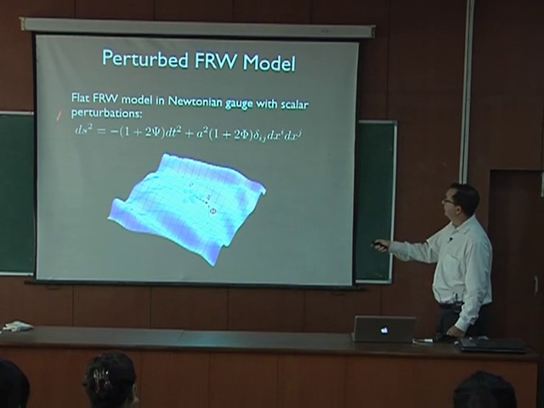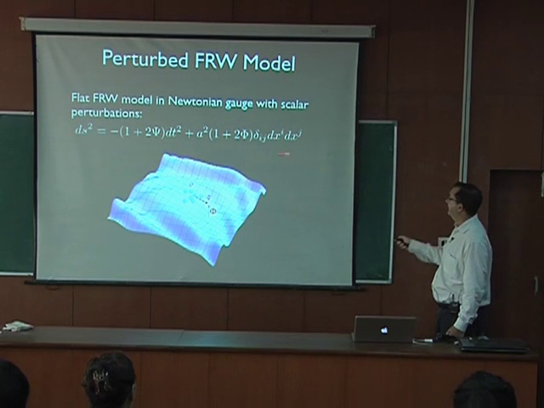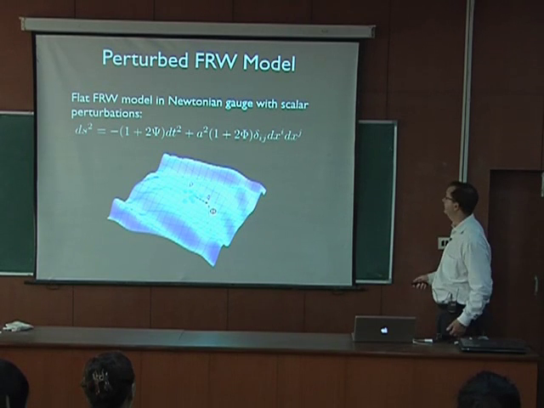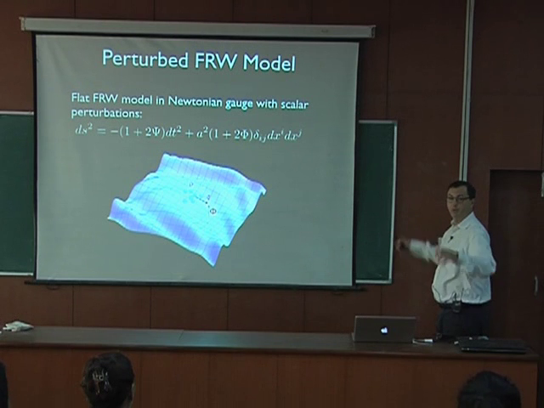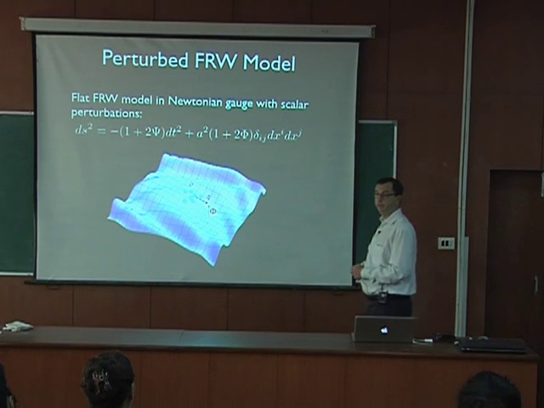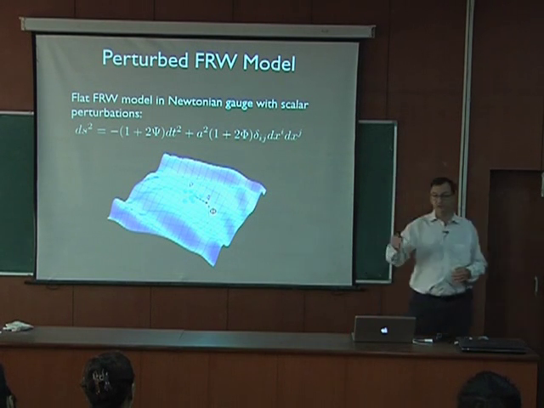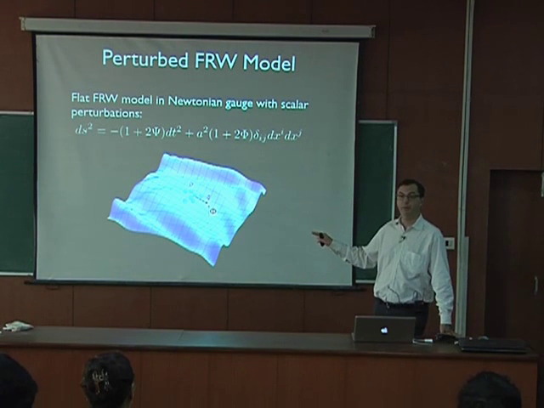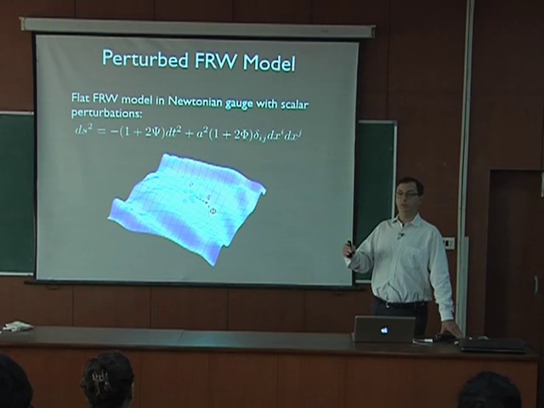Okay? So what we can do now is try to look at the propagation of photons in this spacetime. And in general, of course, psi and phi depend on position, right? And time, of course. And so they would correspond to perturbations in the universe. And Anjan is in the process of doing a derivation of the evolution of these perturbations in a Newtonian treatment of these perturbations.